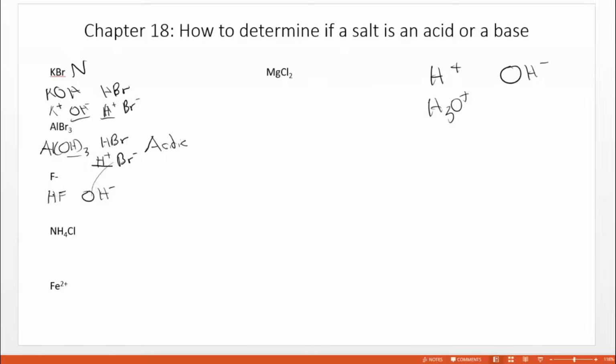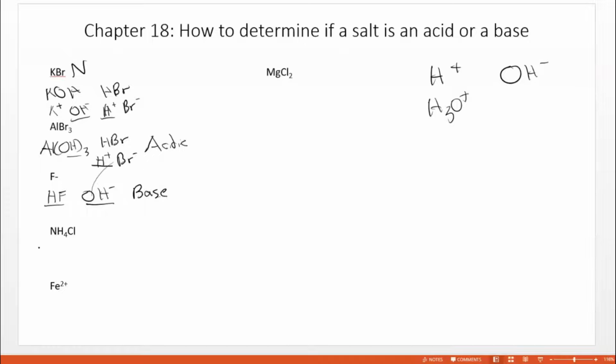Therefore, the hydrogen will be held onto by the fluorine. So you'll have a higher concentration of free hydroxide than hydrogen. This solution is basic. So fluoride is a base.